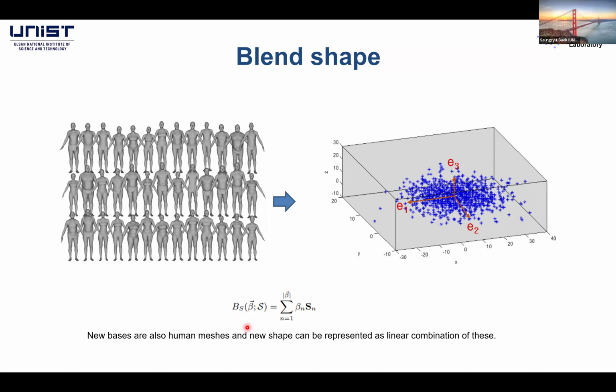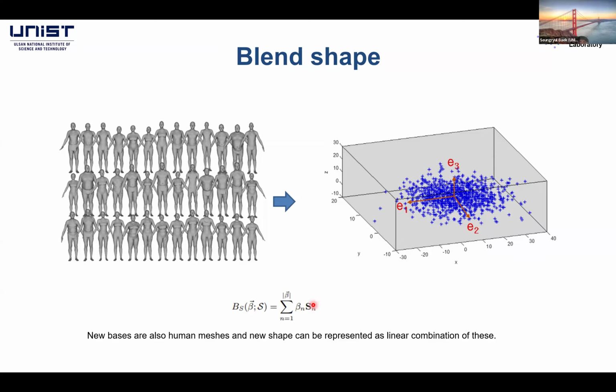So this Sn represents the basis, that axis vector, right? That represents some of the shape meshes, some of the shapes that most of the humans in the dataset share.